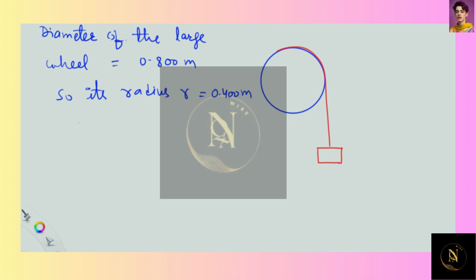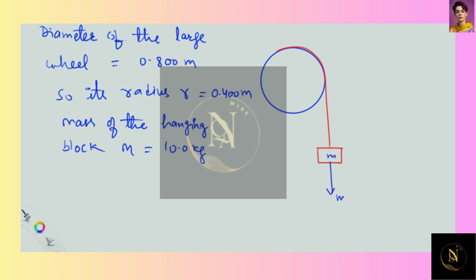Mass of the hanging block is given as 10.0 kilogram. So if this is the mass m, its weight mg will be acting vertically downward.